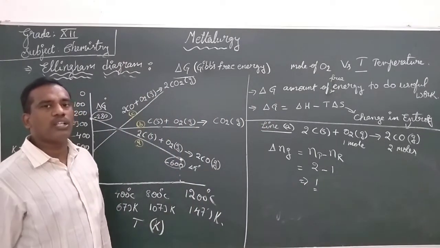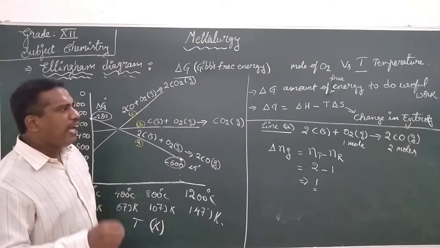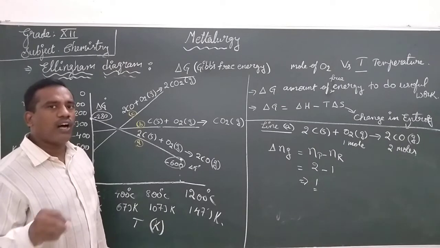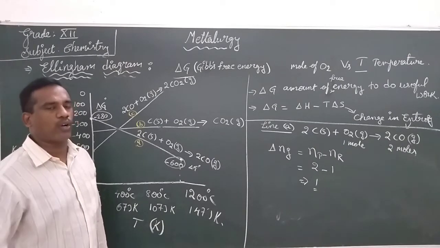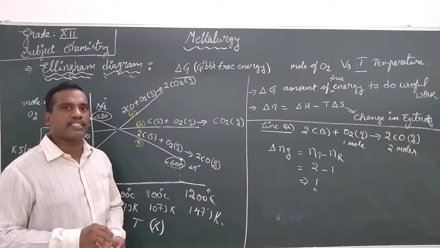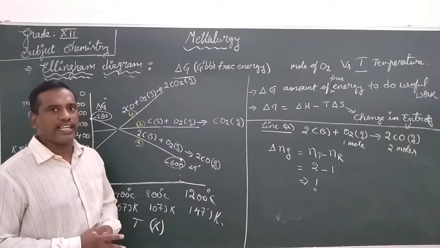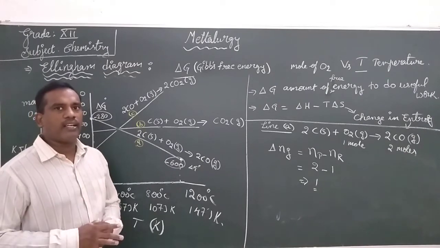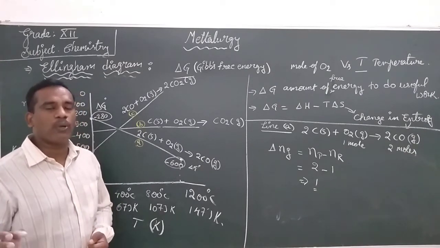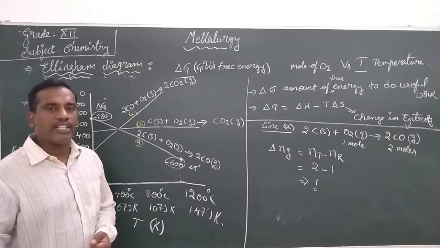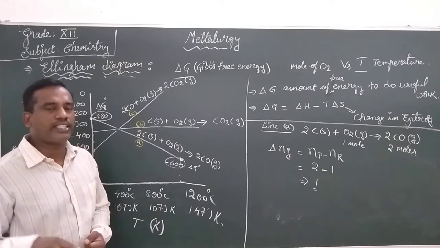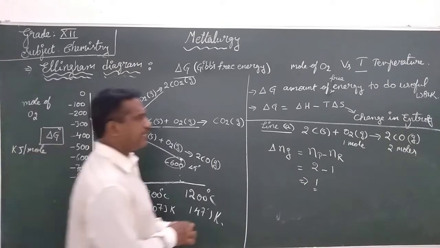We want to conclude the main point that when the number of moles of gaseous products is more than the reactants, it is a reaction in which entropy is increasing.